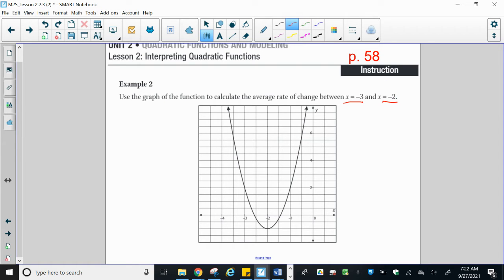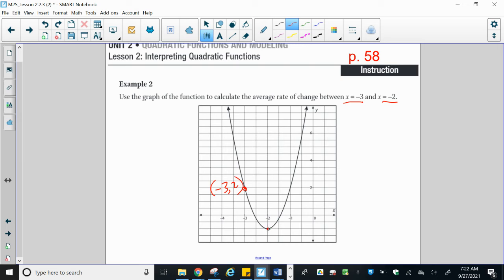and x being -2. Well, let's find our points at -3 and -2, looking at those x values. So at -3, we have a point right here on our function. Looks like that point is at (-3, 2).